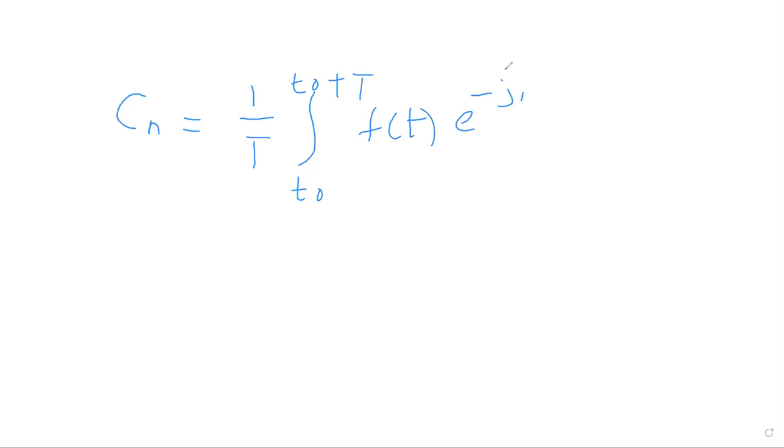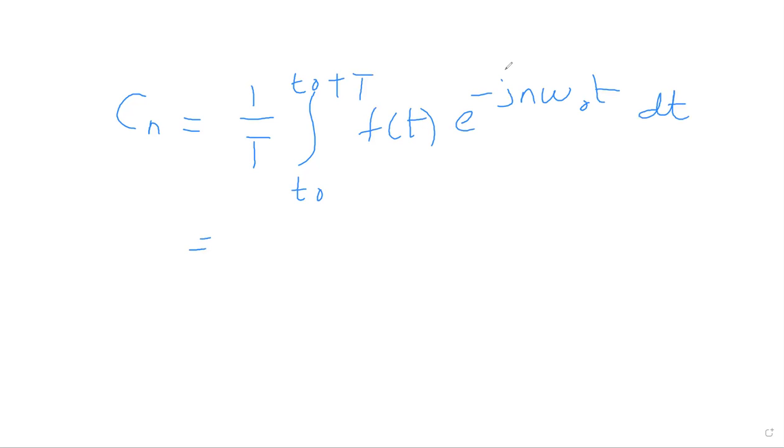So what is the formula we discussed in the last class? The formula for Cn, the exponential Fourier series coefficient, is 1 by T integration from t0 to t0 plus T of f of t e to the power minus j n omega 0 t dt.